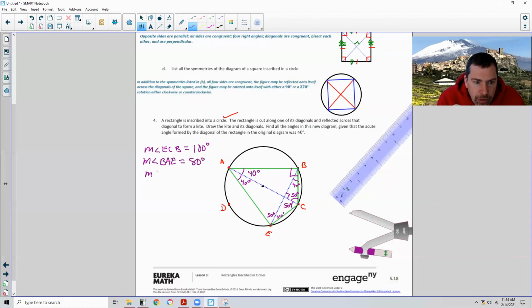The measure of angle ABC equals 90 degrees. And the measure of angle AEC equals 90 degrees. So 90 plus 90 is 180. 100 plus 80 is 180. 180 plus 180 is a total of 360 degrees. And all quadrilaterals' angle sums are 360 degrees. So there we have it.